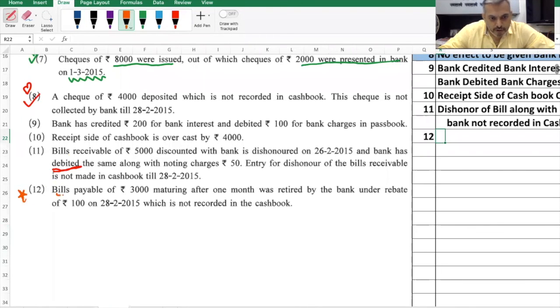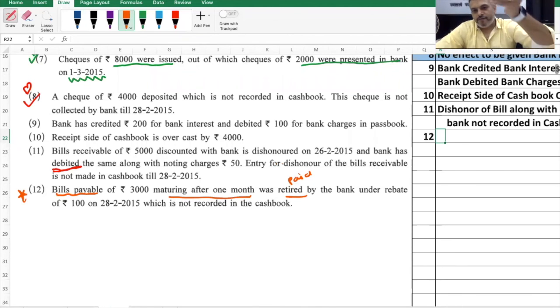Now ध्यान दो, bills payable was maturing after 1 month, was retired by the bank means was paid by the bank or money was given. Now ध्यान दो, यहाँ पे we are paying 1 month in advance, तो हमें क्या मिलेगा, हमें मिलेगा rebate.